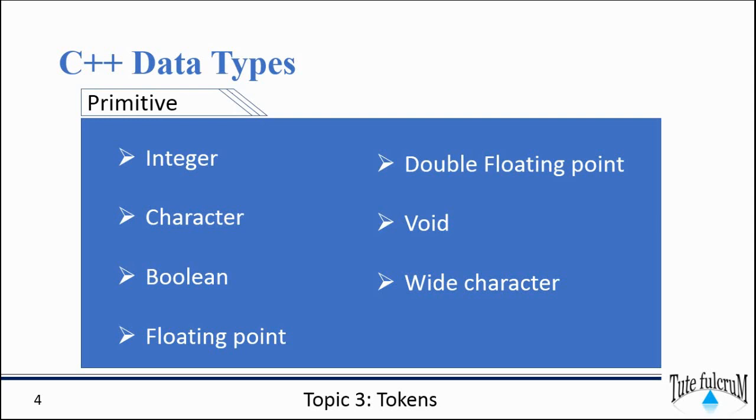Following are the primitive data types available in C++: integer, character, boolean, floating point, double floating point, void, and wide character. In this session, we will be focusing on primitive data types and will have an overview of the other two, that is derived and user-defined.